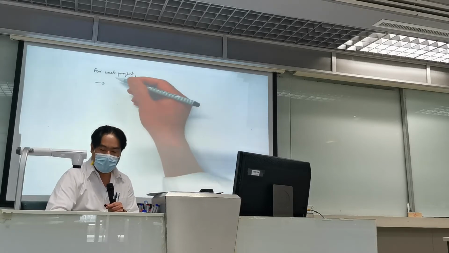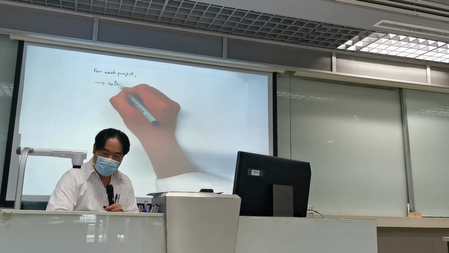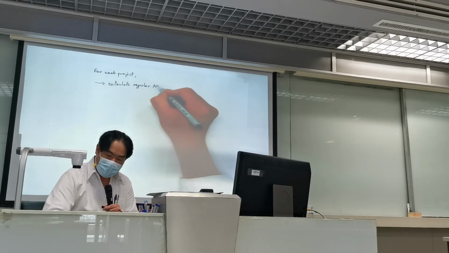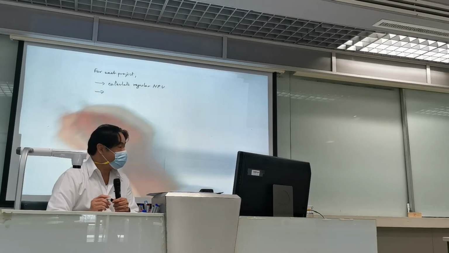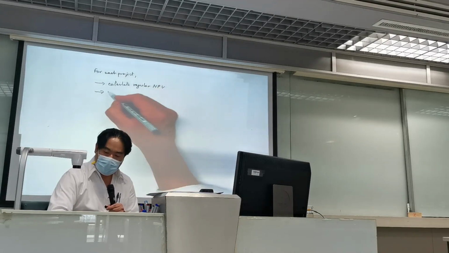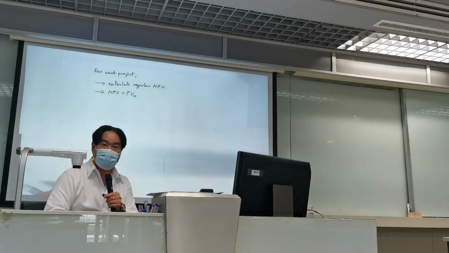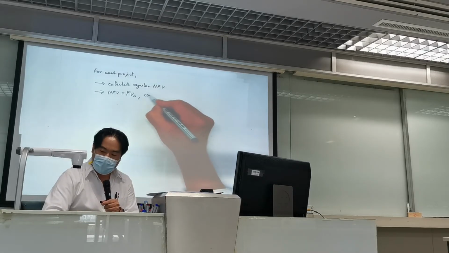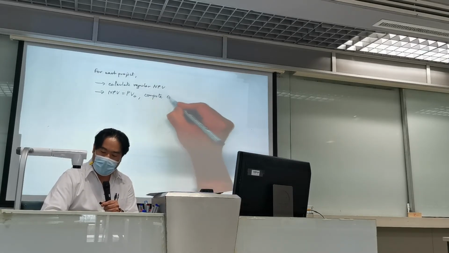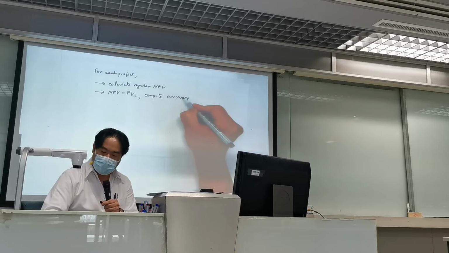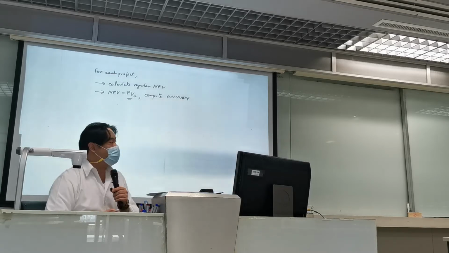So first, you calculate regular NPV. After that, you just put NPV as if you have the present value at time 0. Then you compute annuity from present value here.